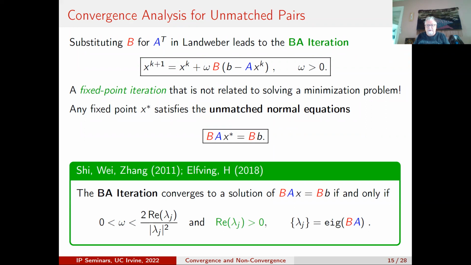Again, there's some theory that tells us when we have convergence, first of all. There is a condition on the size of the relaxation parameter you have sitting there. So that's the condition: there's an upper bound for omega to ensure convergence. And another issue is that all the eigenvalues of the iteration matrix BA must have positive real parts.